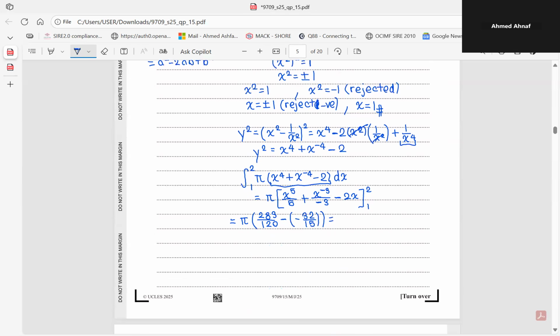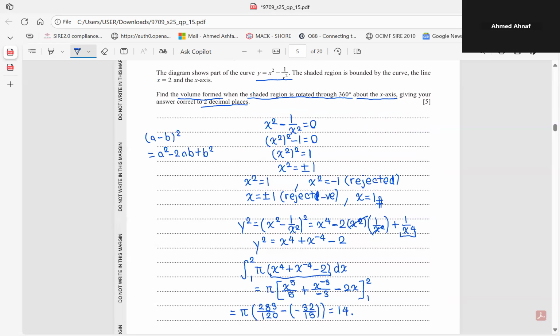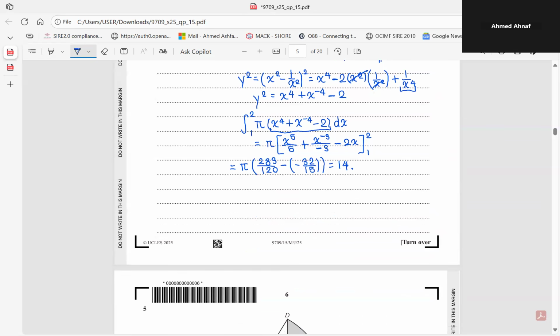So let's do that. We would get 14.11 as your final answer, units cubed.